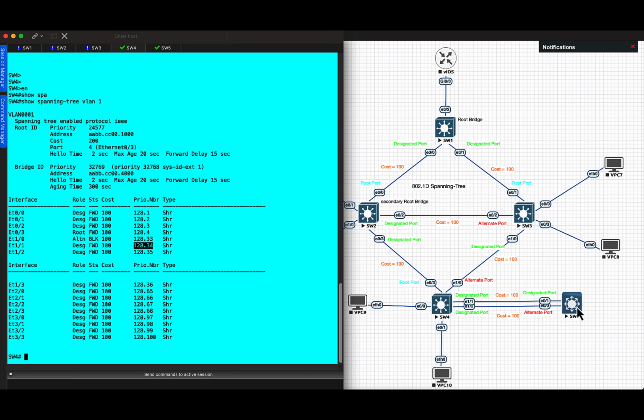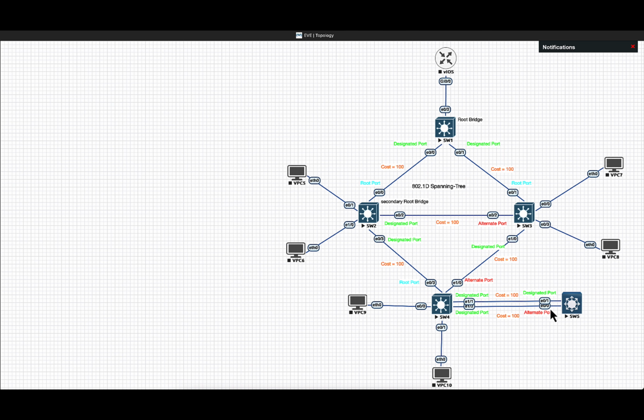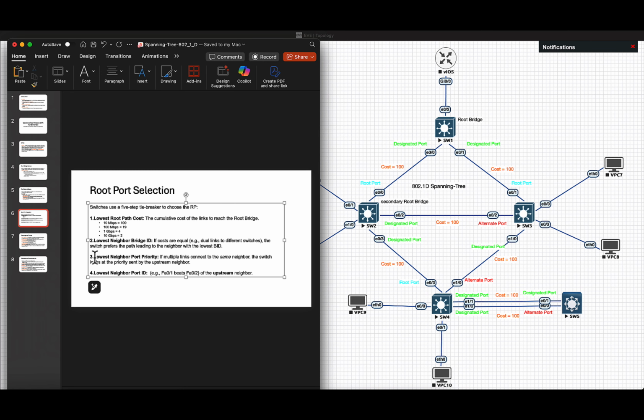So from the switch's point of view, it sees that the neighbor interface has the lower priority than if it used a different interface to get to that neighbor. So that's what the lowest neighbor port priority use case is, right?